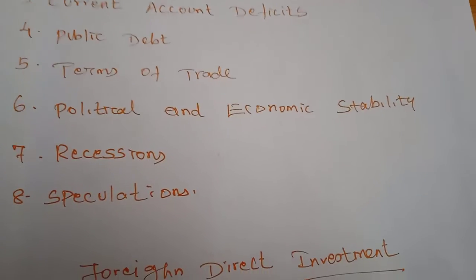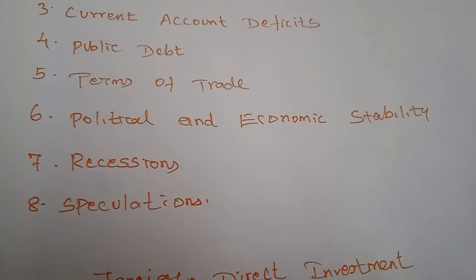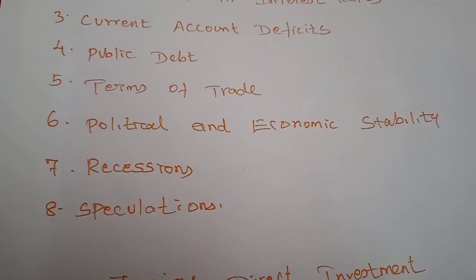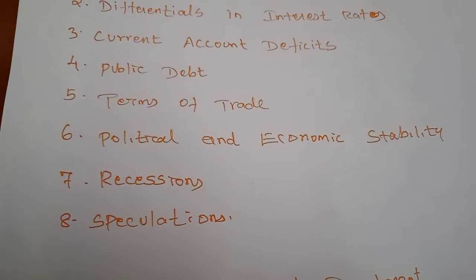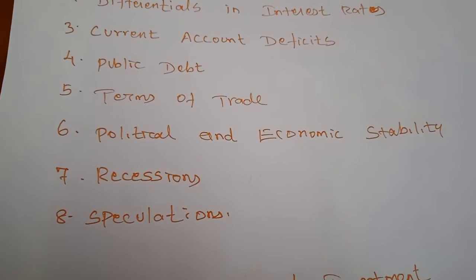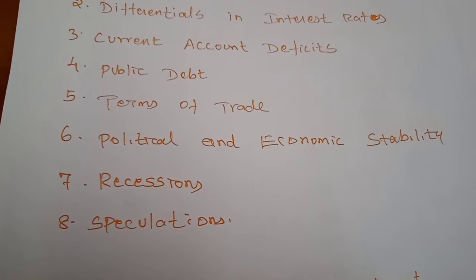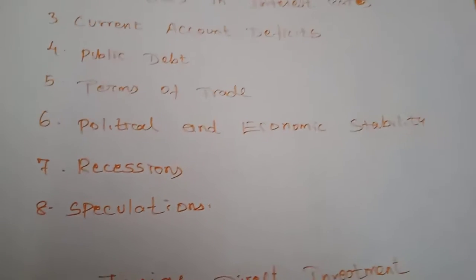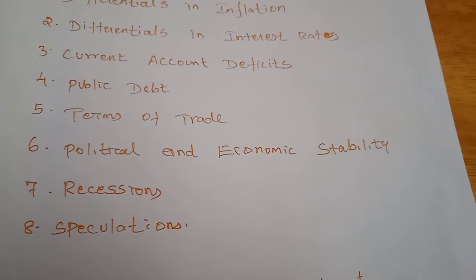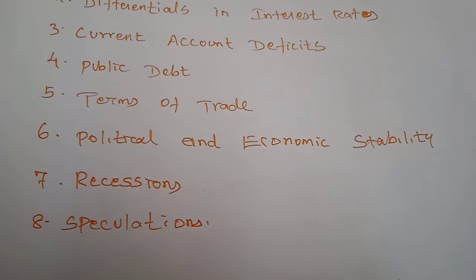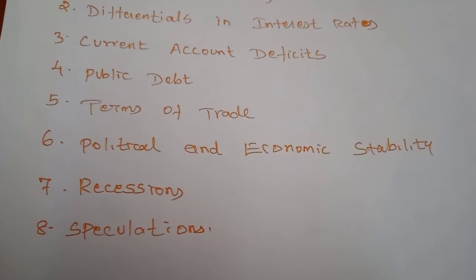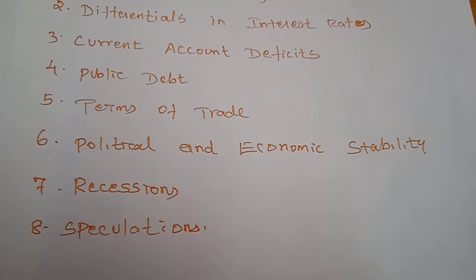Next, political and economic stability. If a nation's political climate is stable and economic performance is good, its currency value will appreciate by attracting more foreign capital. Because when we are involved in international trade, we must have stability and good economic and political situations.